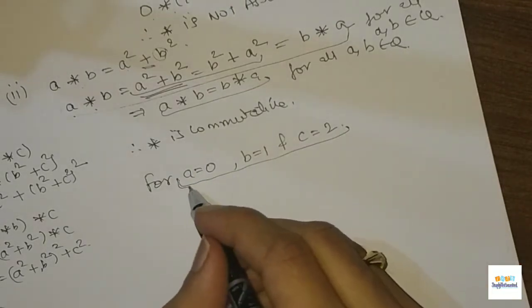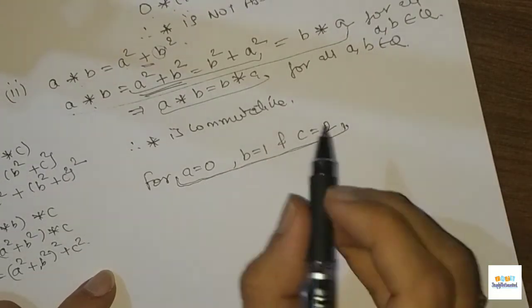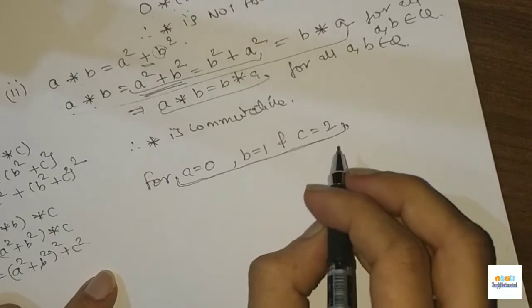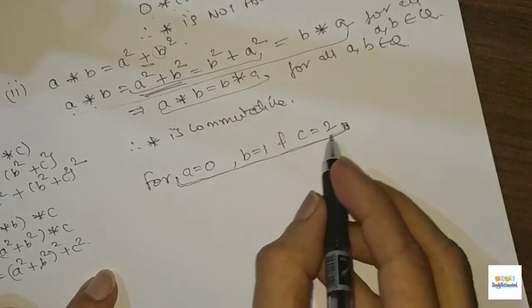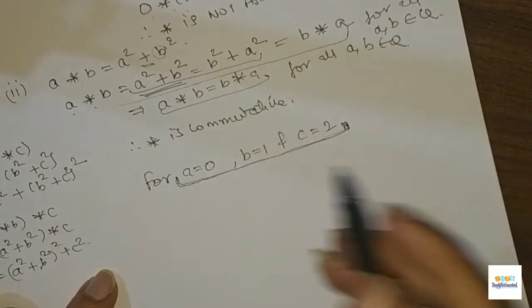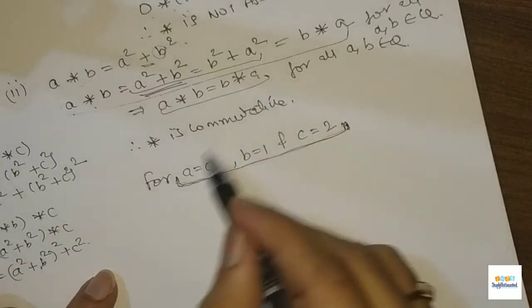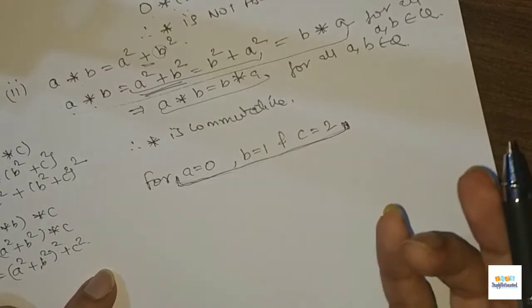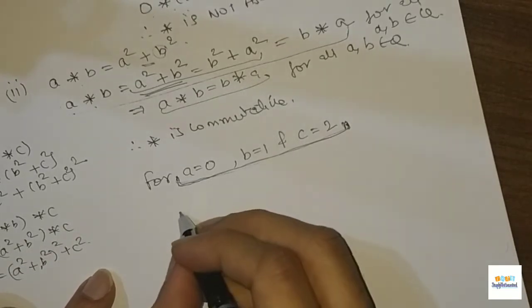For simplicity I am taking integers. You can take any rational numbers, half, 3 by 4, 4 by 3, but that will be difficult to calculate. Even if you don't get the condition for these rational numbers which are actually integers, it is enough, because these are actually rational numbers only, okay.